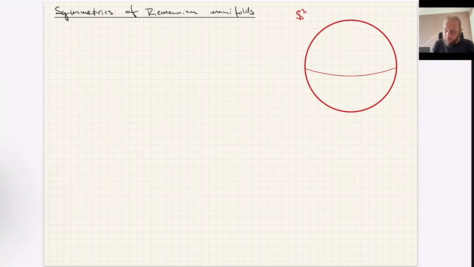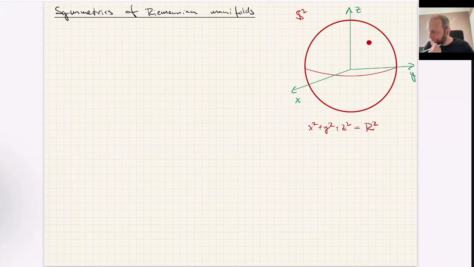You can describe any point on the sphere. So let's take a point here. And if we embed the sphere in 3 dimensions, you could have your coordinate axes something like this. So these are the x, y, and z coordinates. The sphere here is the set of points such that x squared plus y squared plus z squared is some radius r squared.